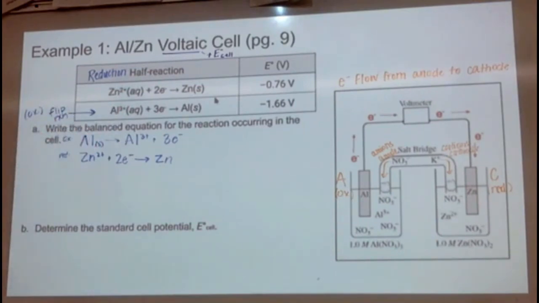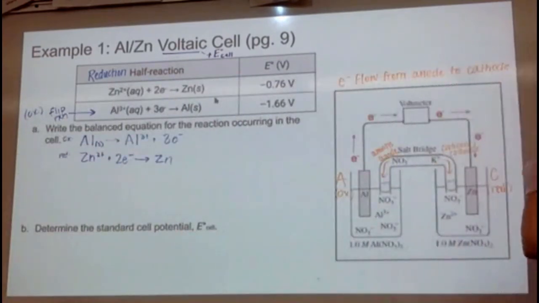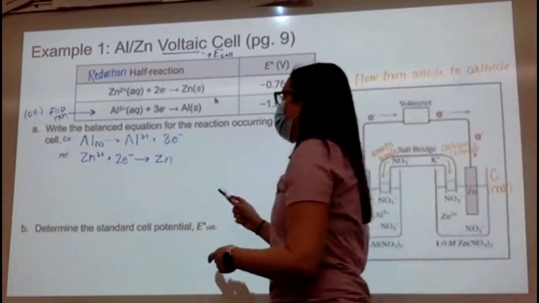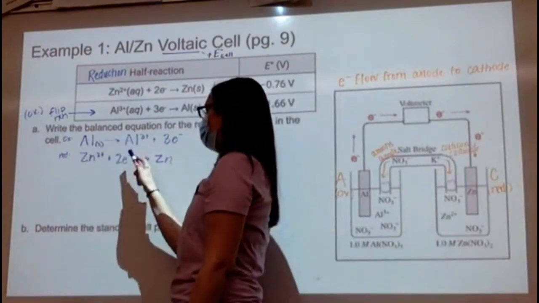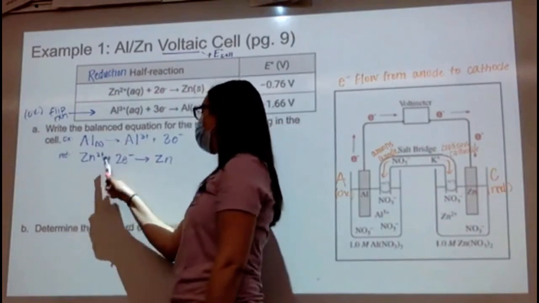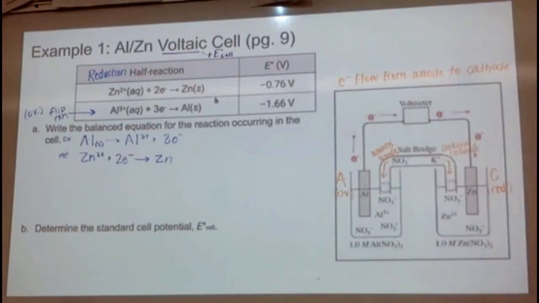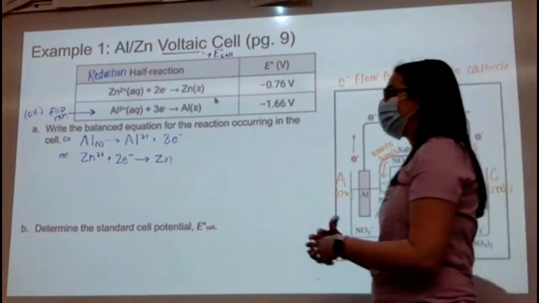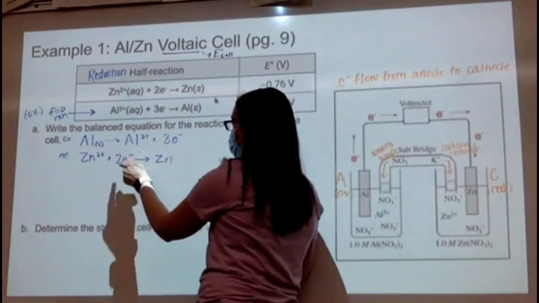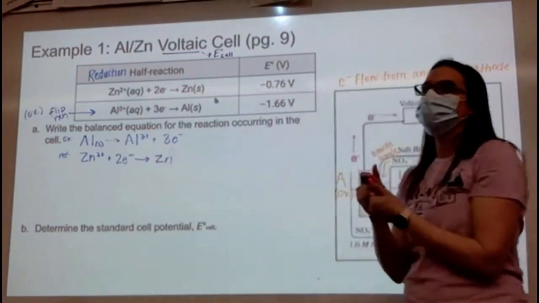Now, if we think back to balancing redox. I know it's been a while. Remember, you have to balance your atoms. So aluminum, 1 and 1. Aluminum is balanced. Zinc, 1 and 1. That's balanced. There's no O's or H's to worry about. We already see the plus electrons, so we already know how many electrons were needed. But what do I have to make sure to do before I can add the 2 together?